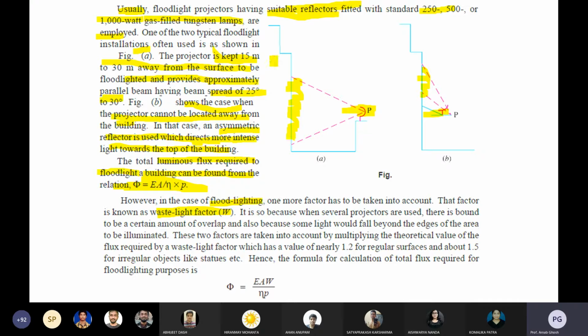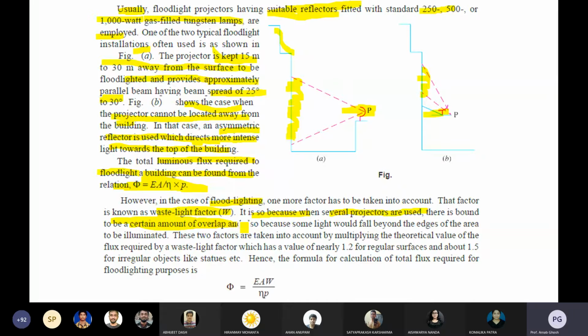This is because when several projectors are used, there is bound to be a certain amount of overlap, and also because some light falls beyond the edges of the area to be illuminated.